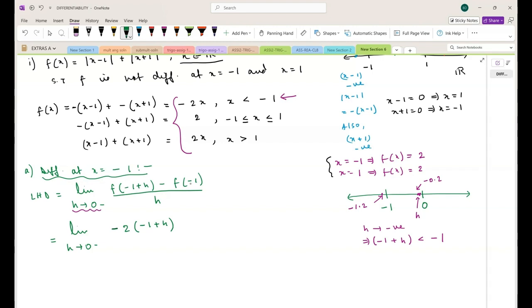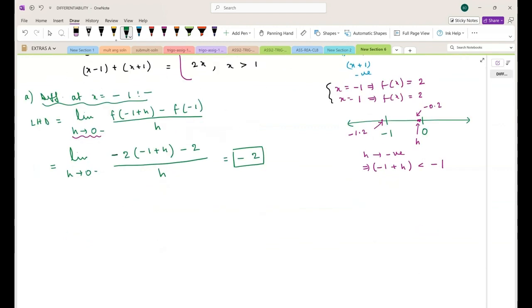And f of minus 1, you can see from the second branch, x equal to minus 1, it is 2. So minus 2, whole divided by h. This is how you calculate the left-hand derivative. If you calculate this, it is coming out to be minus 2. So your left-hand derivative is minus 2.